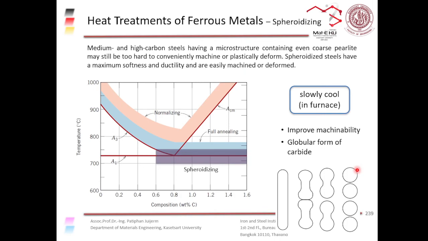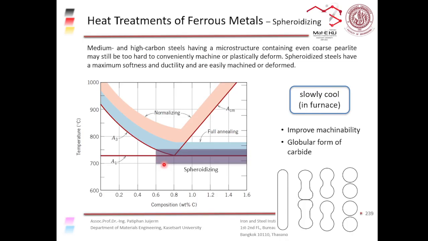And to do that is by heating it up to this range of temperature here, right? To a temperature of plus and minus about 30 degrees Celsius from the A1 line for medium carbon and high carbon steel.